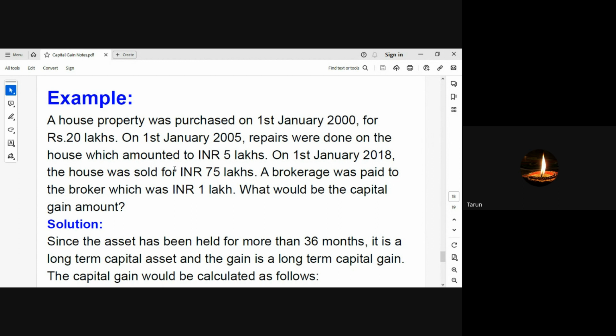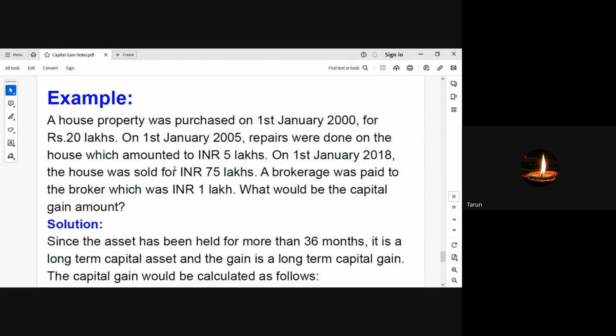You need to first check after how many months the asset has been sold. The asset was purchased on 1st January 2000, and it was sold on 1st January 2018. That means 18 years, which is more than 3 years. So it is a long-term capital asset.